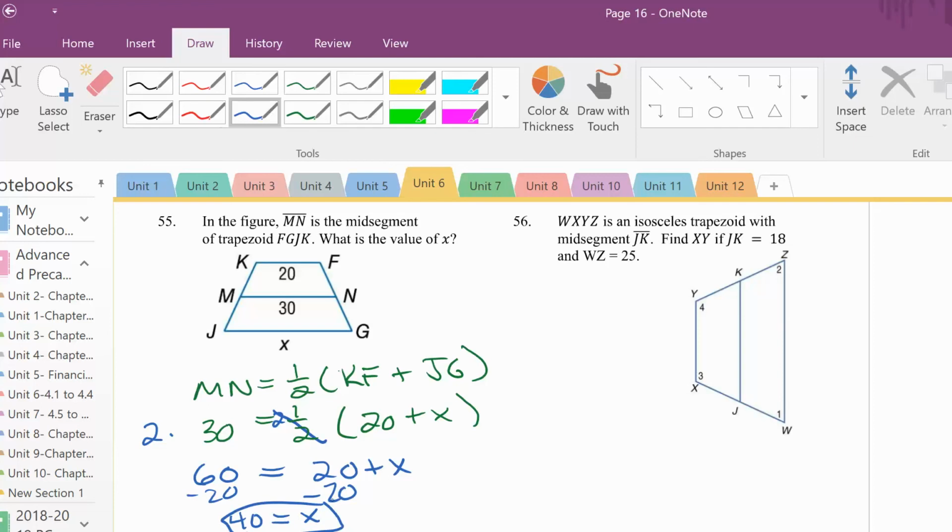So here, WXYZ is an isosceles trapezoid with midsegment JK. Find XY if JK equals 18. So this is 18 here, and WZ is 25.